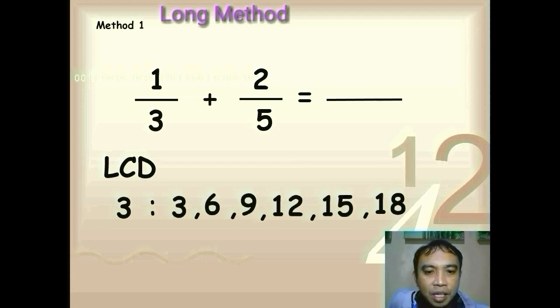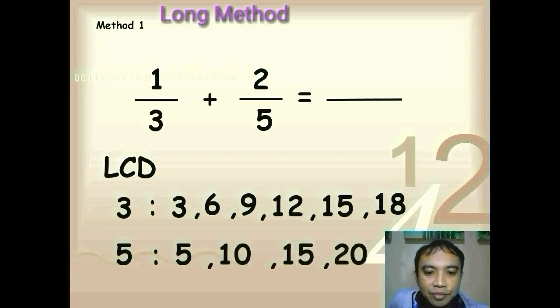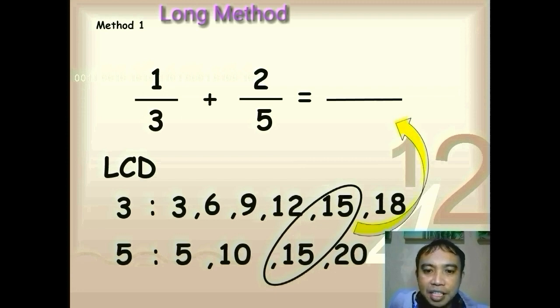For 5, the multiples are 5, 10, 15, 20, and so on. So the least common multiple between the two is 15. So that would be our LCD.